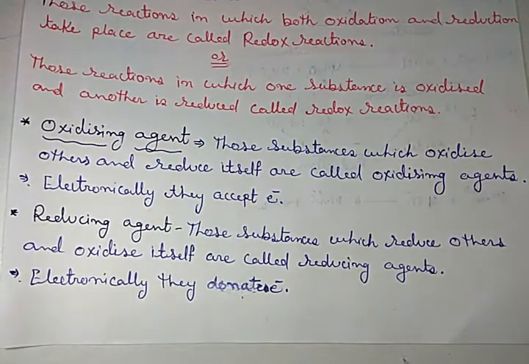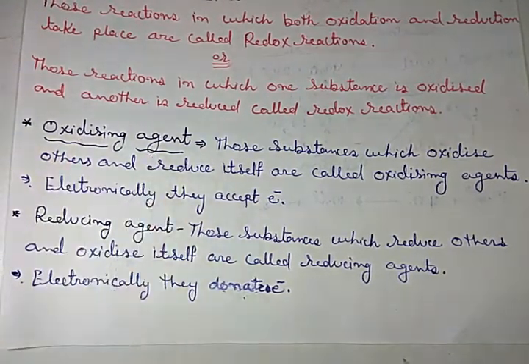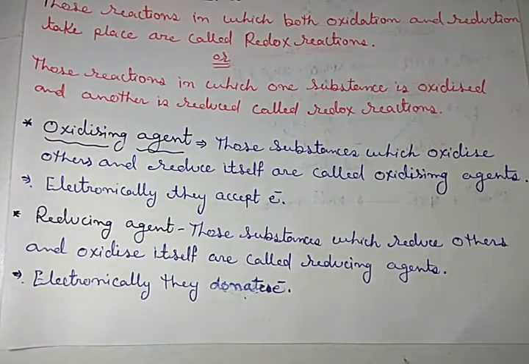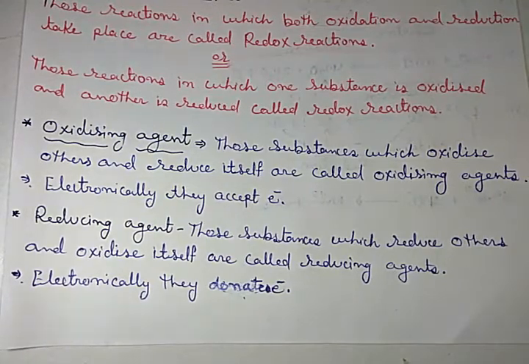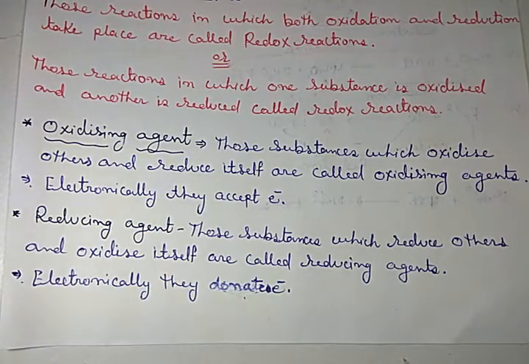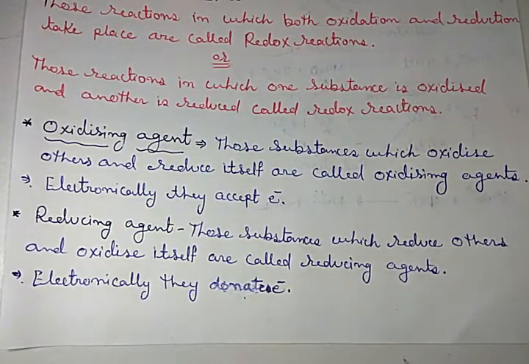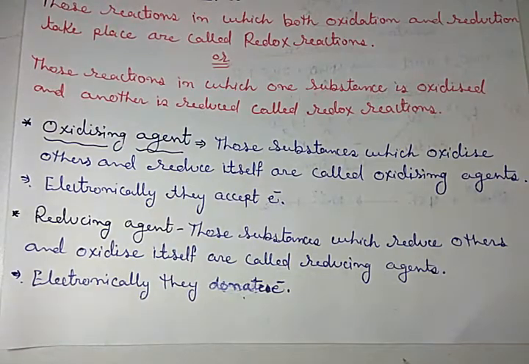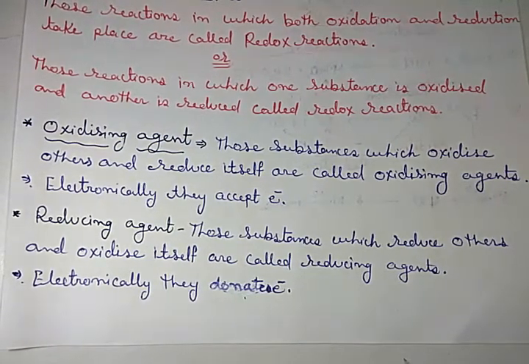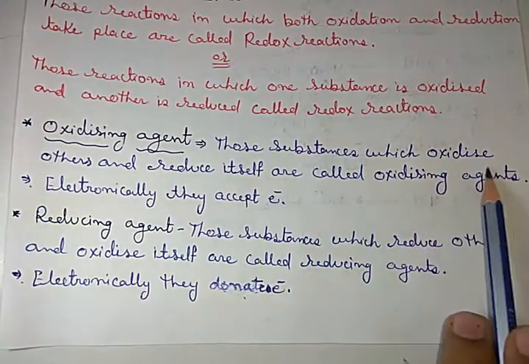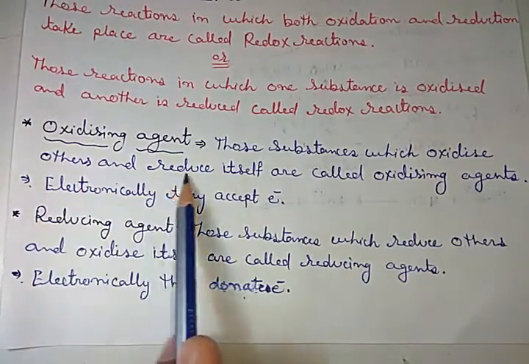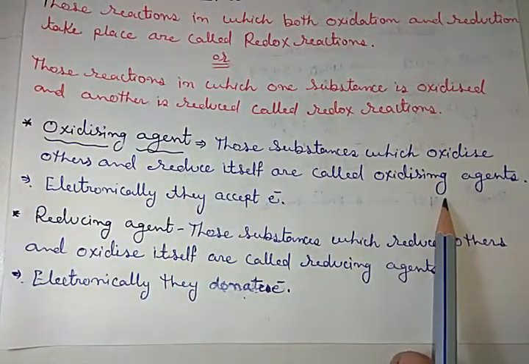Similarly, an oxidizing agent is the substance which oxidizes the other. And if it is oxidizing the other, then it has to reduce itself, because without reducing itself it cannot oxidize the other. So those substances which oxidize others and reduce themselves are called oxidizing agents.